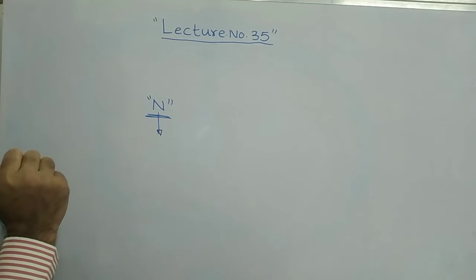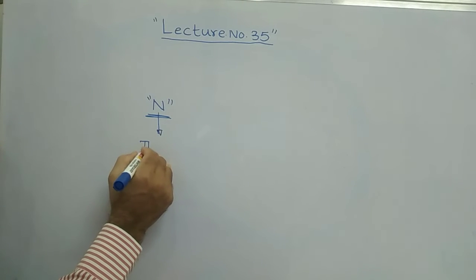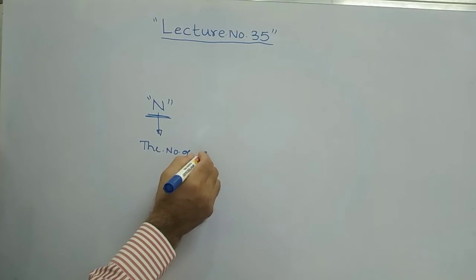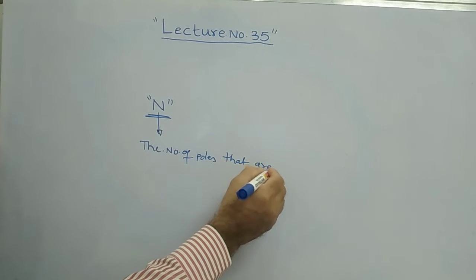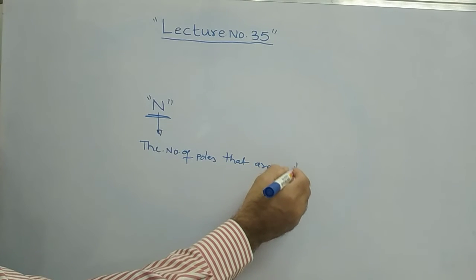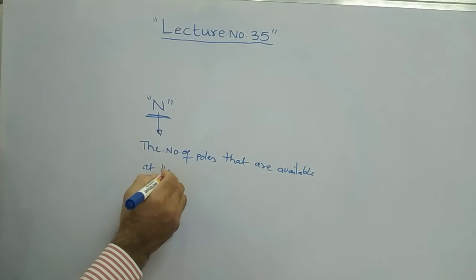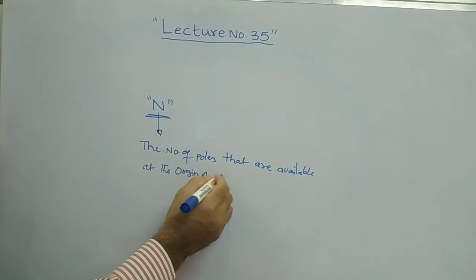The type number gives the number of poles that are available at the origin of the loop transfer function.